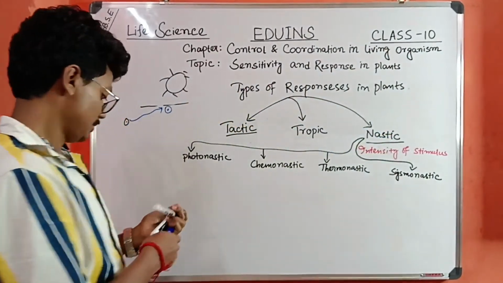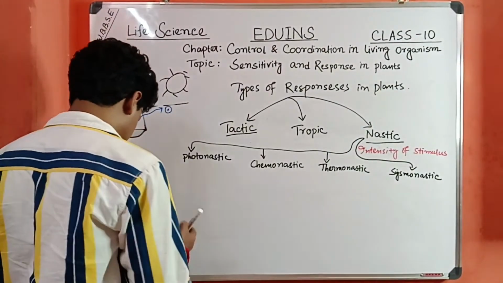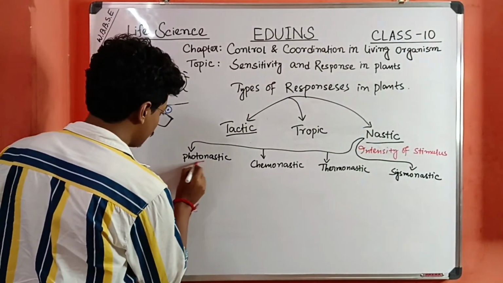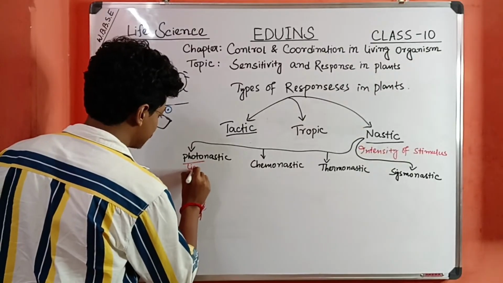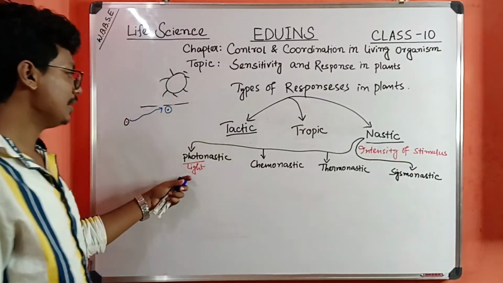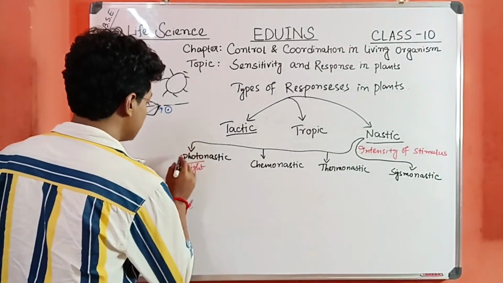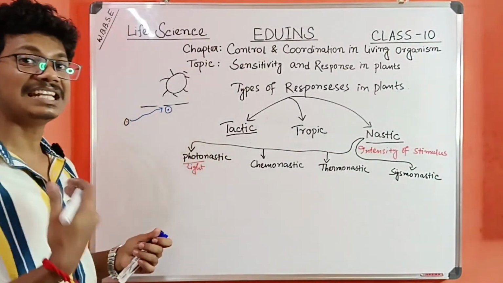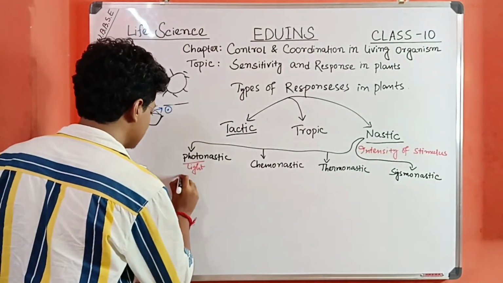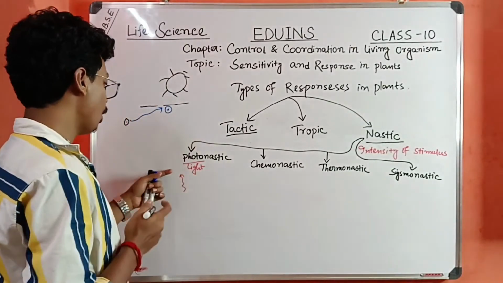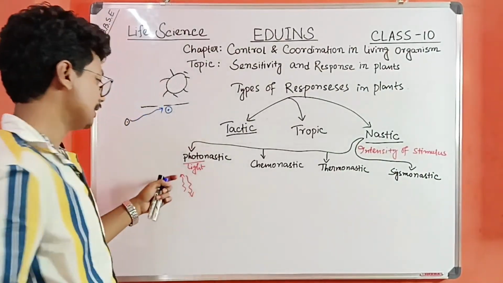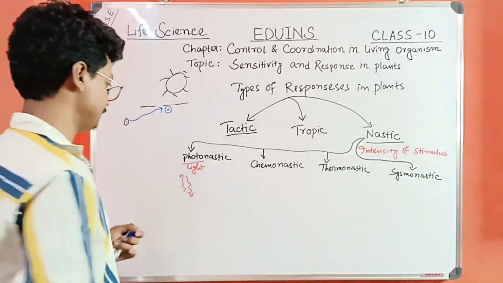Here also the stimulus is photo, meaning light. Okay, the stimulus is the light, and this occurs due to the light intensity. When light intensity is high, or low, then the response will be observed.